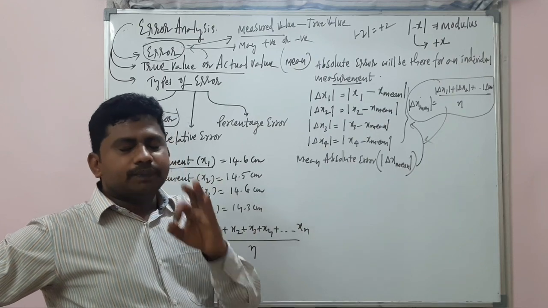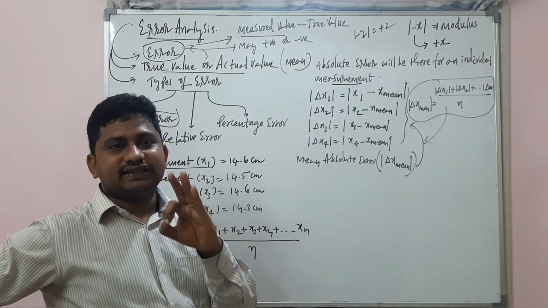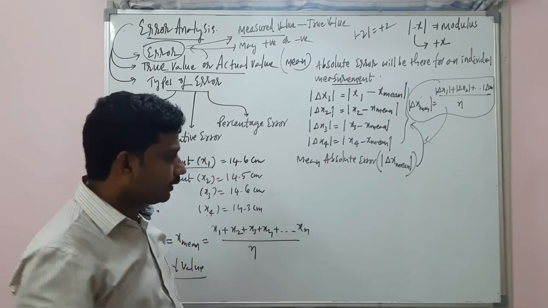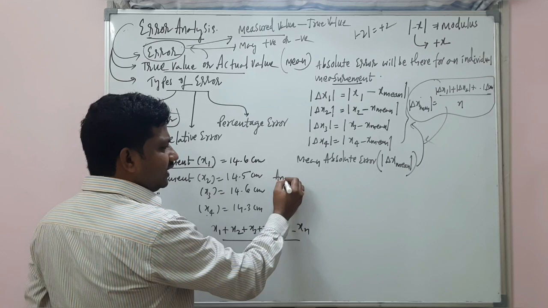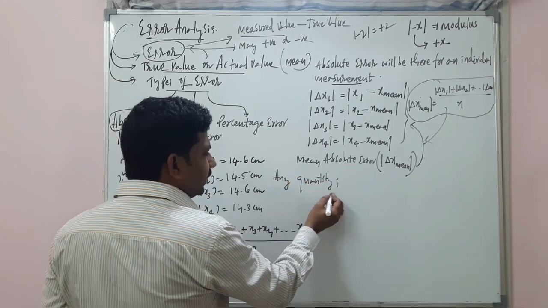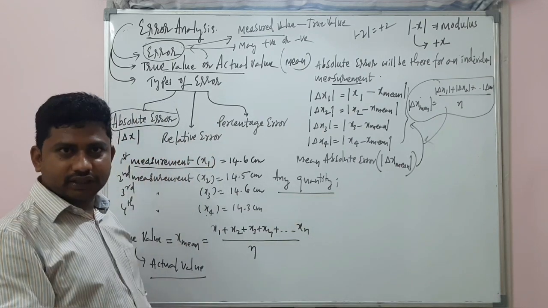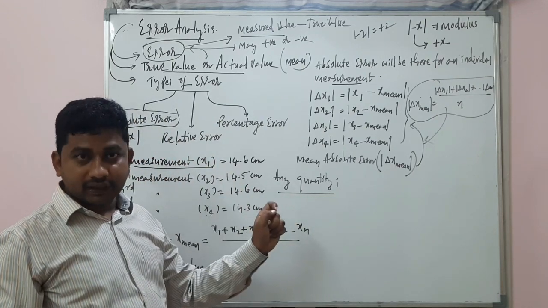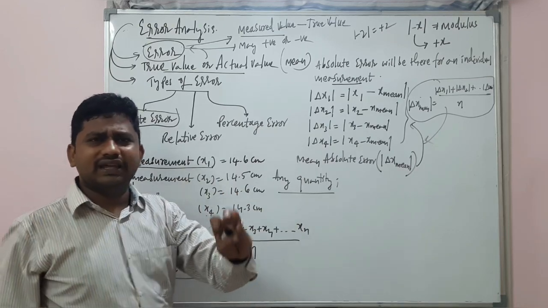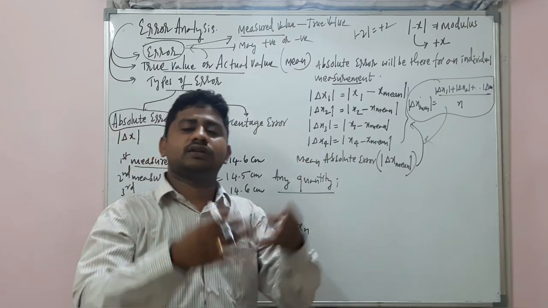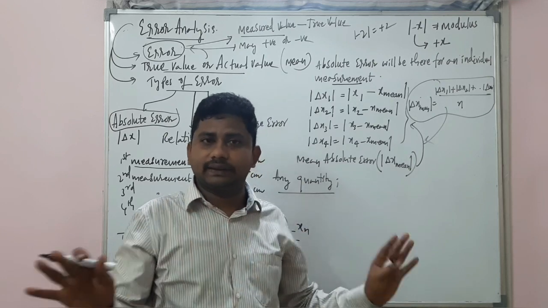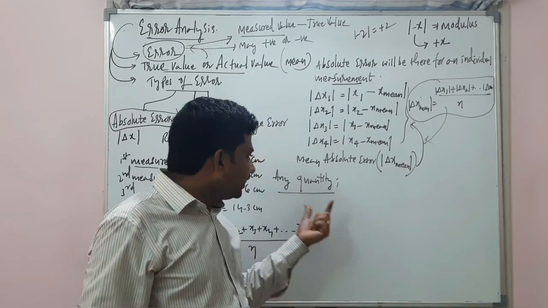Now, the most important part of the error analysis, you can say the heart of the error analysis, I am going to tell you here. Any quantity, listen, any quantity can be written in this way, including the errors. Any physical quantity, that may be mass, length, time, velocity, acceleration, force, torque, work, energy, power, resistor, anything you can write in this form.